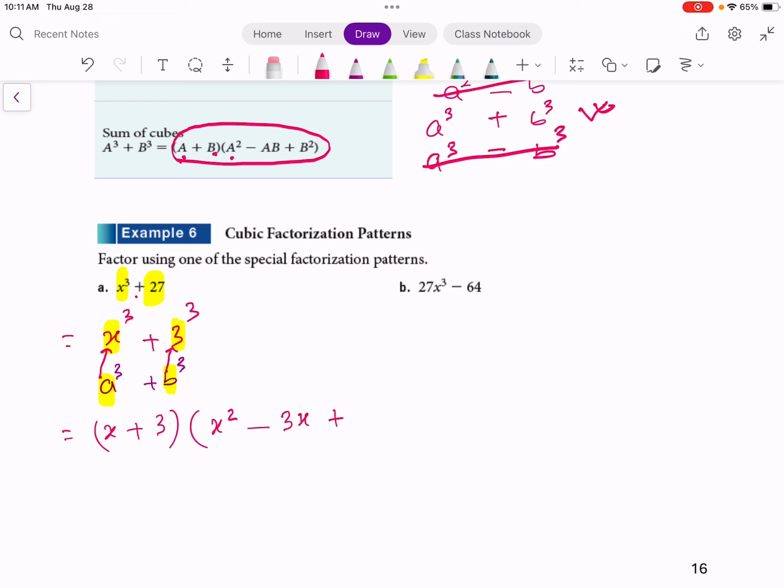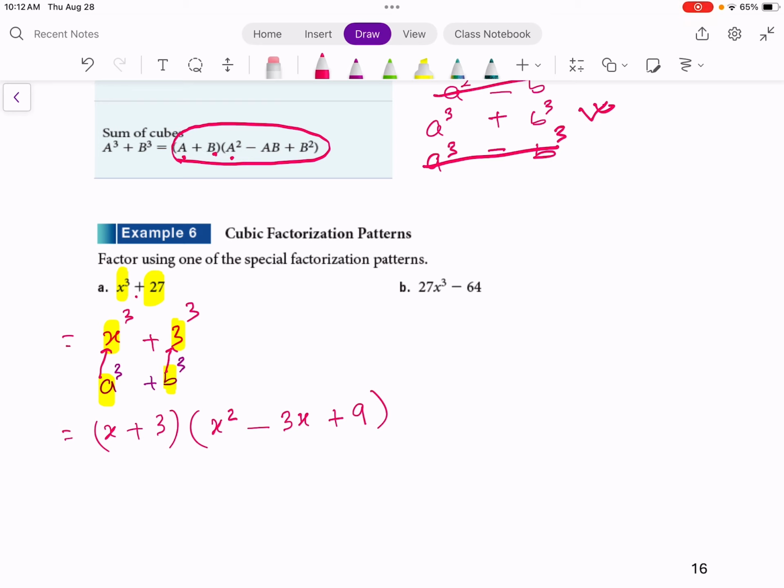Our b is 3 and 3 squared is 9. And this is the factor for this binomial. Any question?